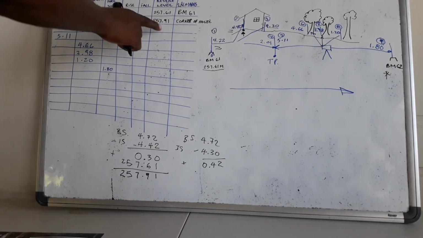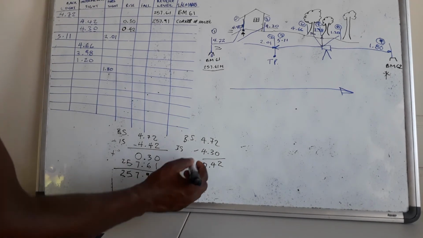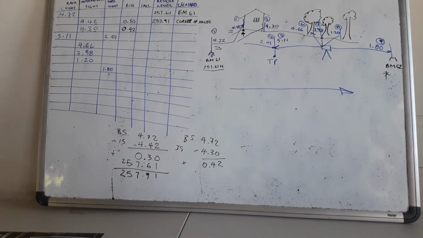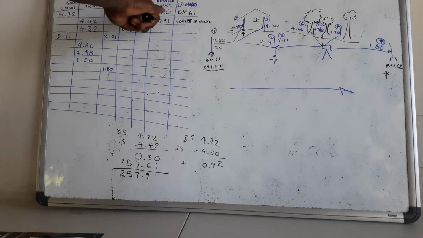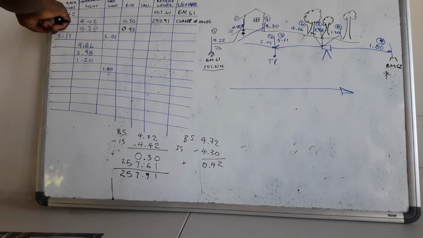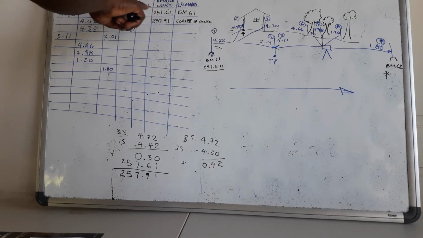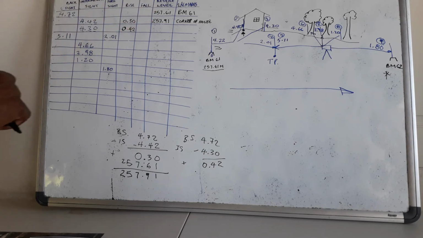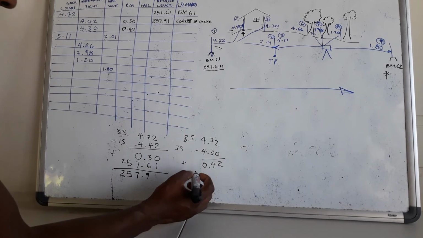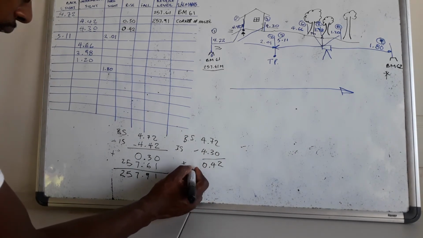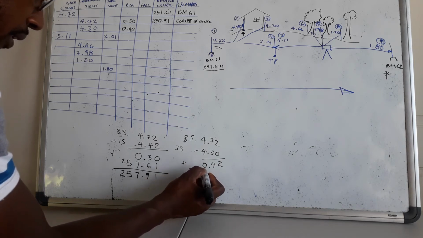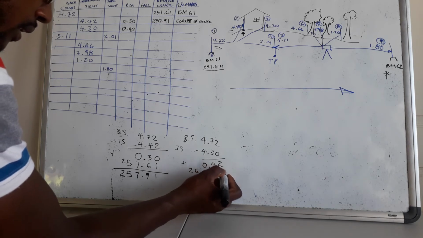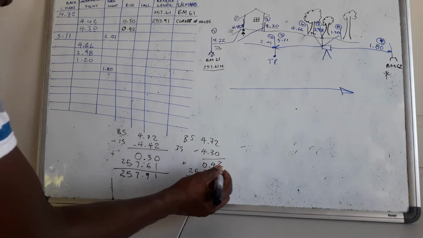Also, to determine the reduced level at that point, we add this rise to the reduced level from our previous backsight reading, right? So in that case, we would have 257.61 added to 0.42.